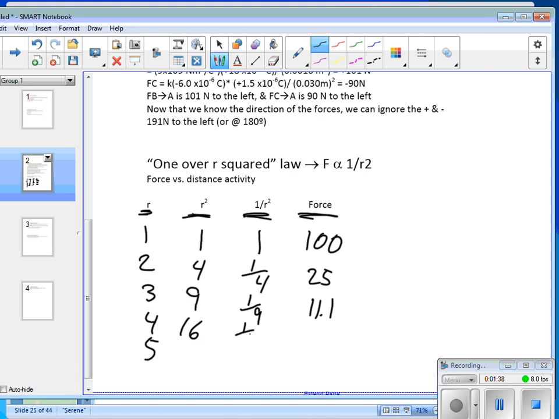What is 1/16 of 100? You all can pop that into your calculators, but it is 6.25. And then finally, 5 squared is 25, and then we can have 1/25 of 100. We're going to end up with 4.